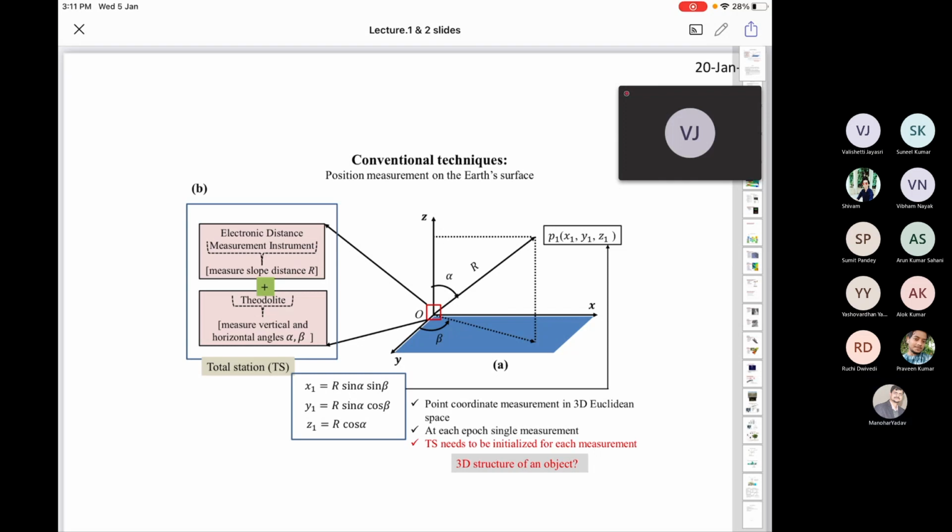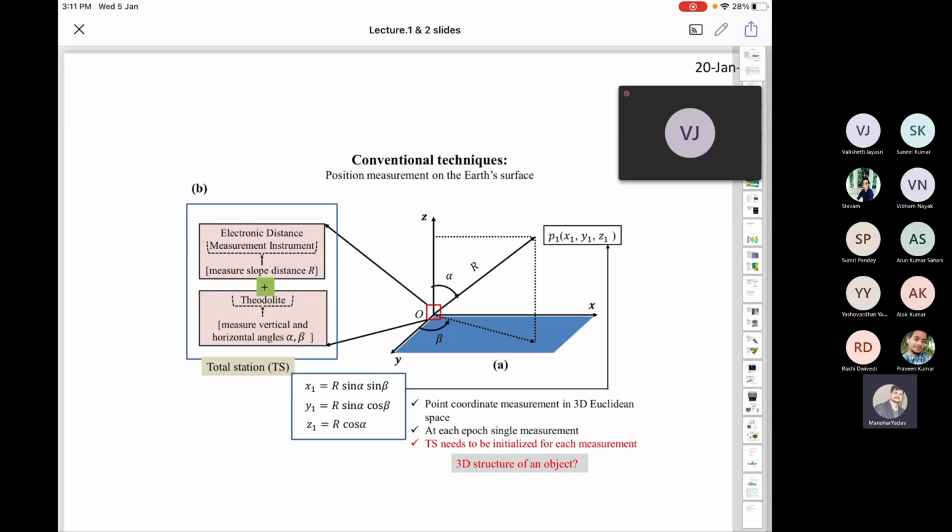Now you have a background on how, using vector algebra and coordinate geometry, the point P1 can be located and what raw information is required. So to calculate the position of point P1, the range R and two angles are required.